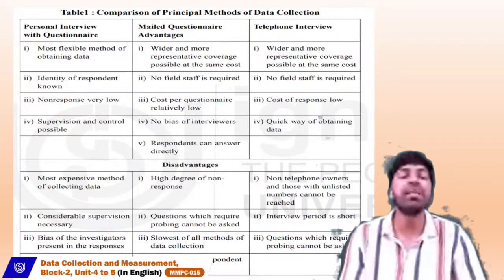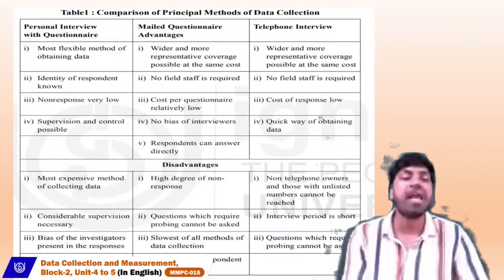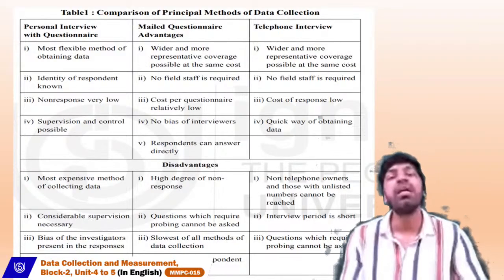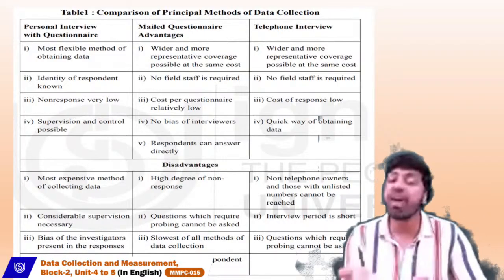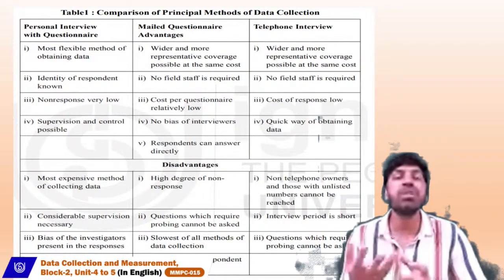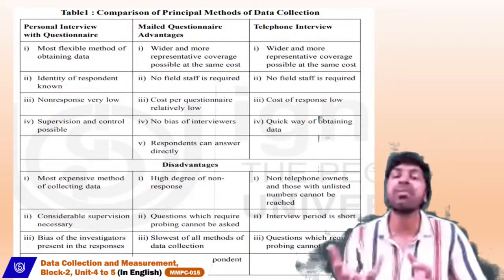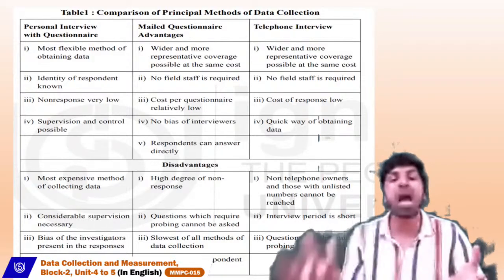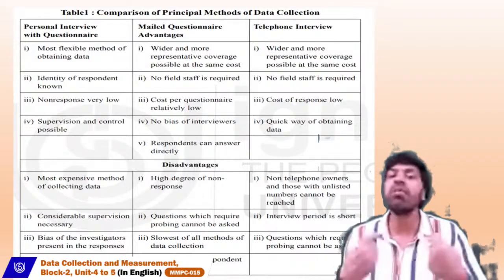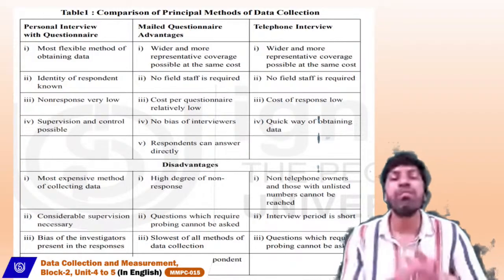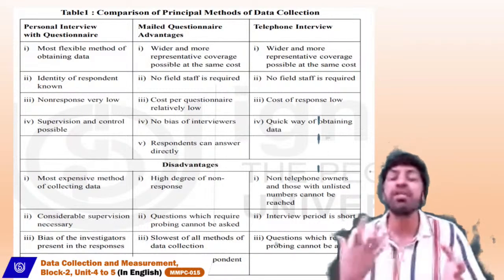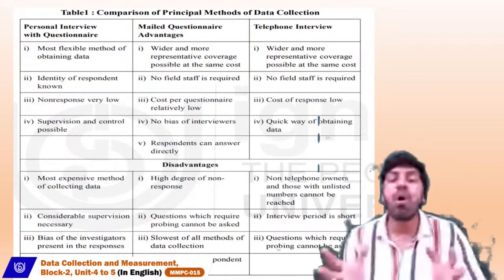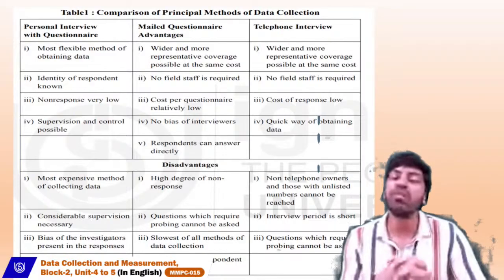We have to complete the interview within a minute, and it may not be possible to get all the answers to the questionnaire. In fact, the researchers cannot ask the complete set of questions designed by them, as they cannot be asked over the phone.